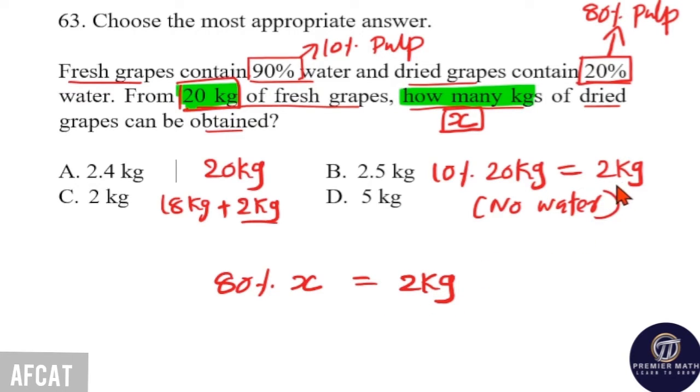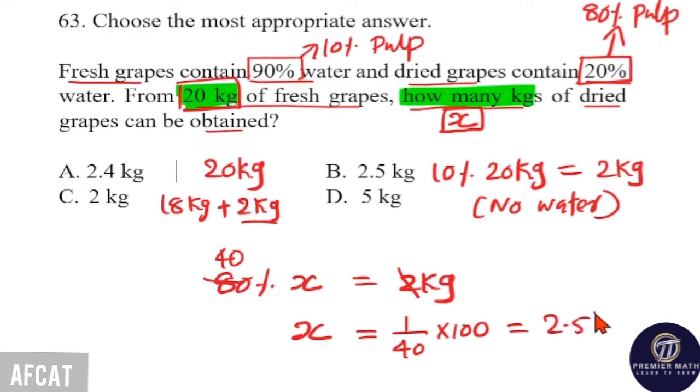We already get pulp content as 2 kg. But this 80% of the required weight is this 2 kg. Then X, that is the dried grape weight, is equal to, here 2 goes 40 times in 80, then X is equal to 1 by 40 into 100. 100 by 40 is equal to 2.5 kilogram.